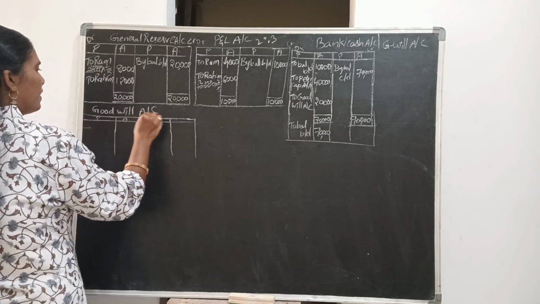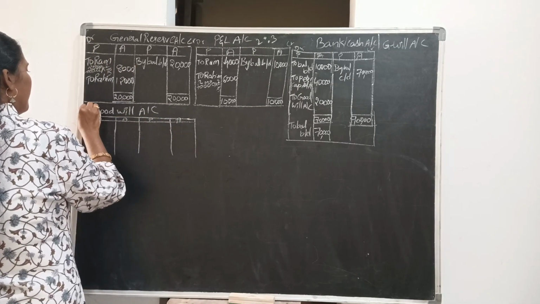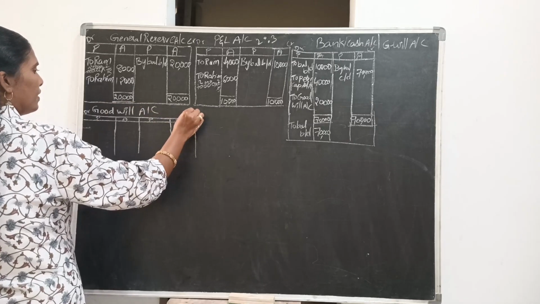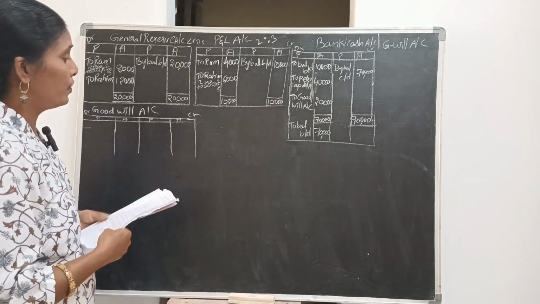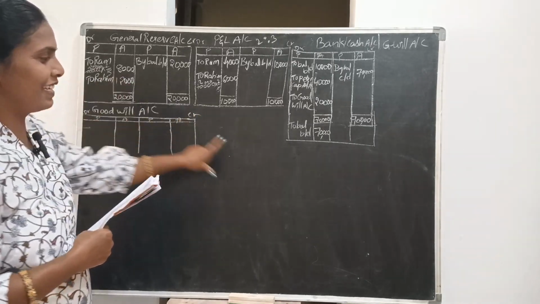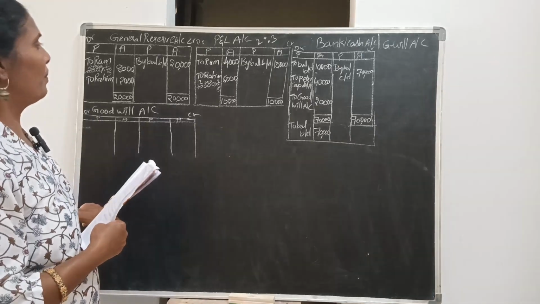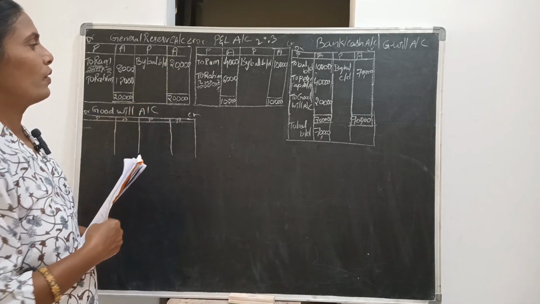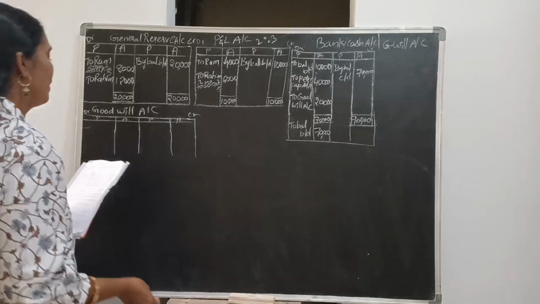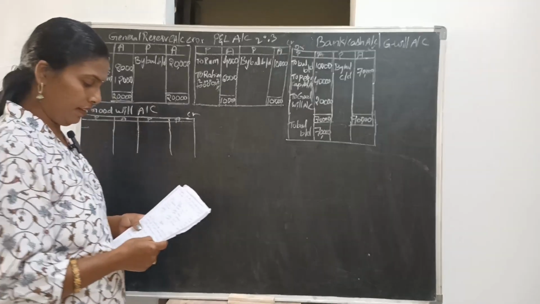Particulars, amount, debit and credit. I want to solve the problem in this space, that's why I'm writing congested. So what is the journal entry for goodwill?